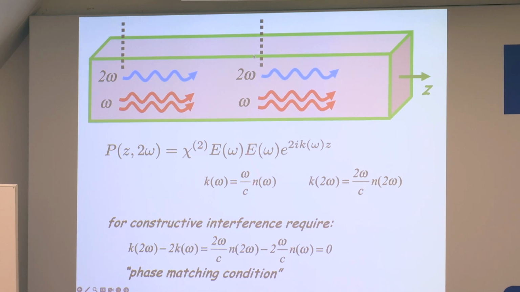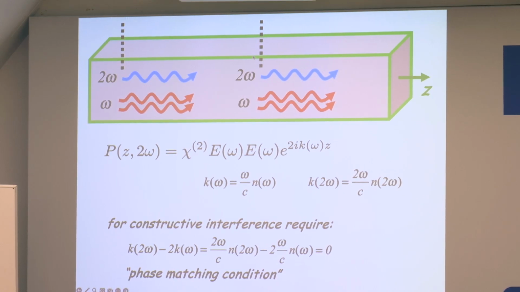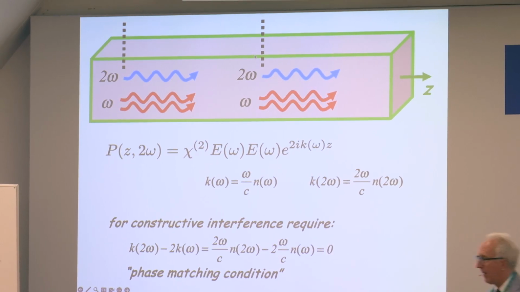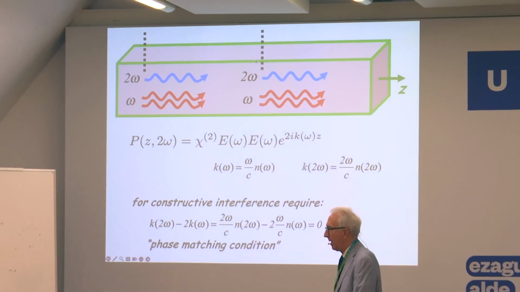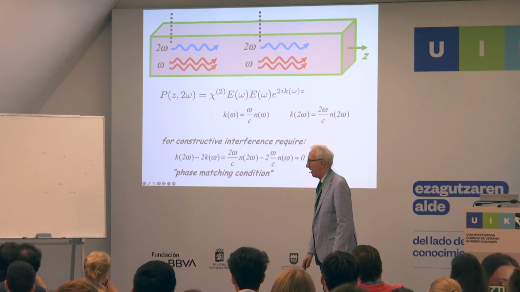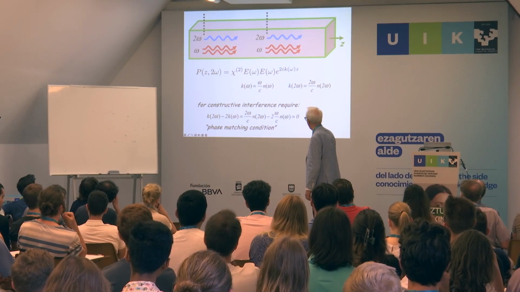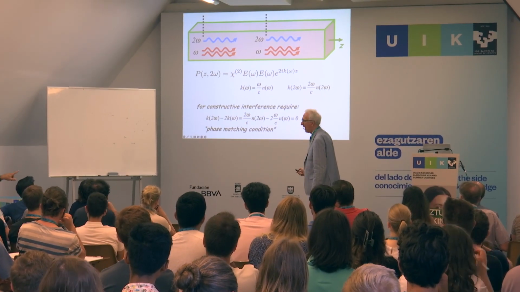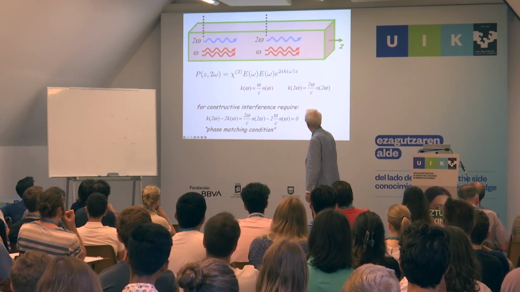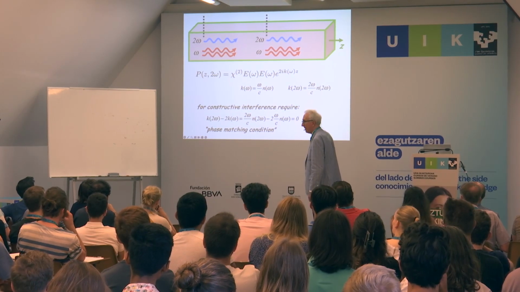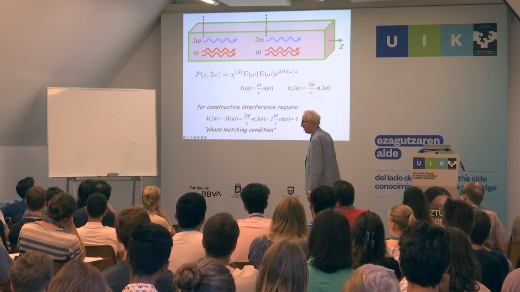Okay, so that's second harmonic generation. Can you get 3 halves omega and 1 half omega? One will go up, the other will go down. It seems like energy is conserved. But in principle, can you do that?